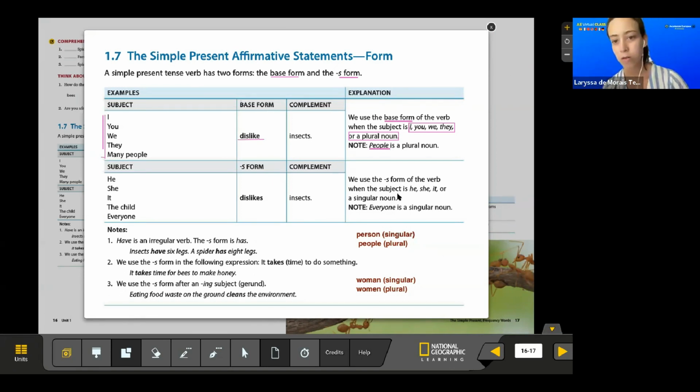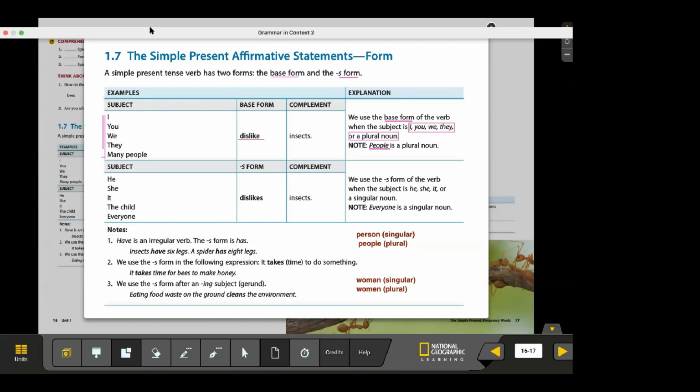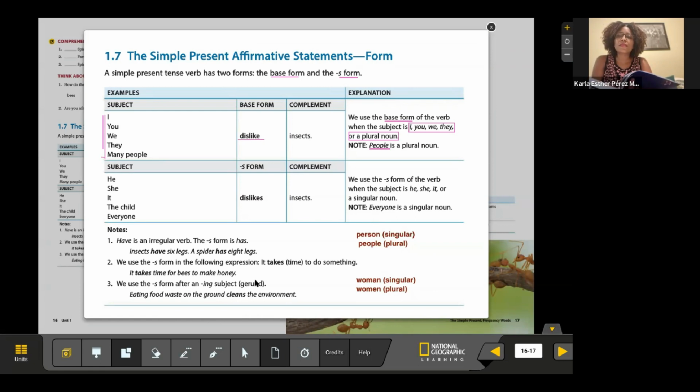Carla, can you read here the second explanation? We use the S form of the verb when the subject is he, she, it, or a singular noun. Note, everyone is a singular noun. Okay, very good.